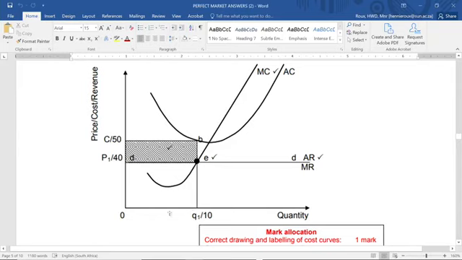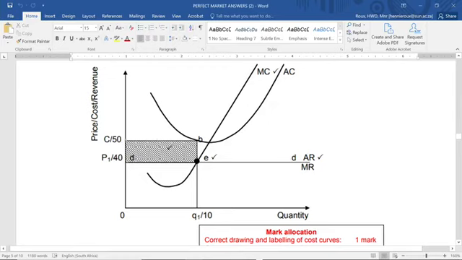So we can see from that, it is total revenue minus total cost to get your profit, and you can see the revenue is much smaller than the cost, because if we use the numbers, it's going to be 40 times 10, which is 400, minus 50 times 10, which is 500, and 400 minus 500 is going to give me an answer of minus 100. So if it's a negative answer, then I know I'm making a loss.